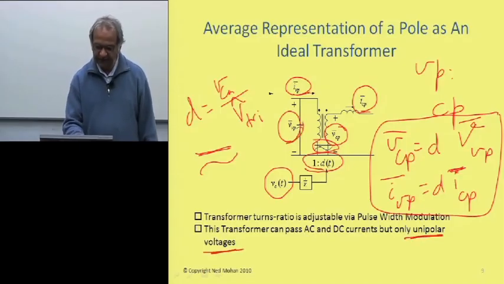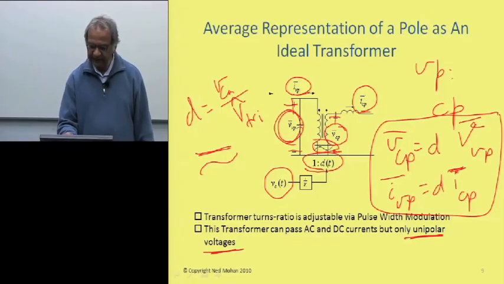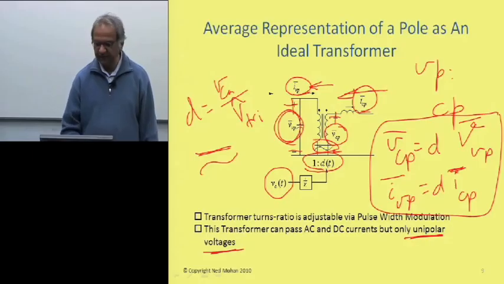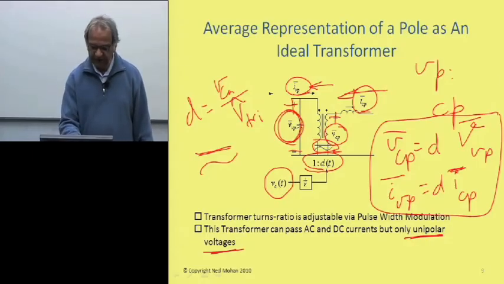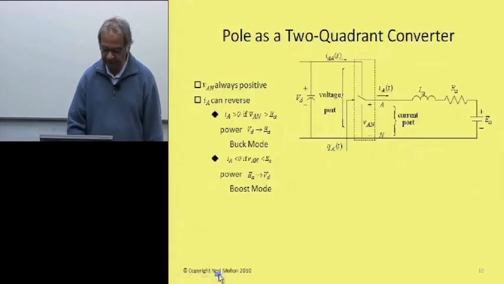So this voltage is always of this polarity, and this voltage is always of this polarity. We'll see later on this current can reverse direction in this way, and this can reverse and be flowing that way. So that is not a restriction, but the polarities of these two voltages must be unipolar here.